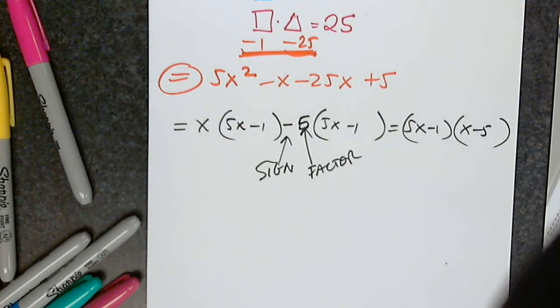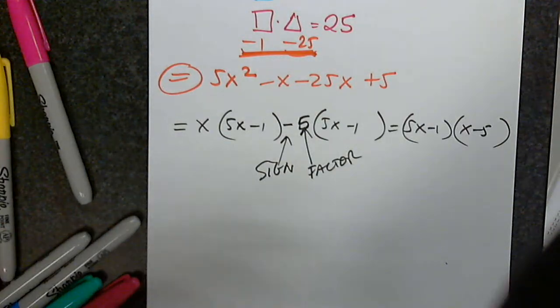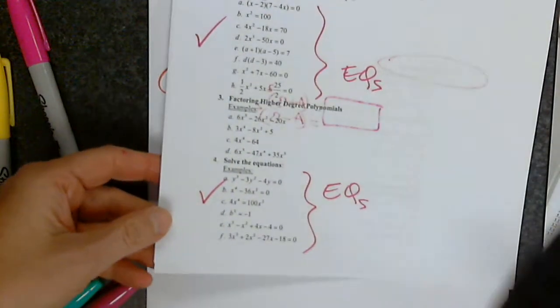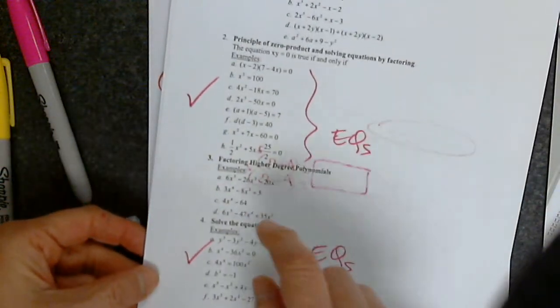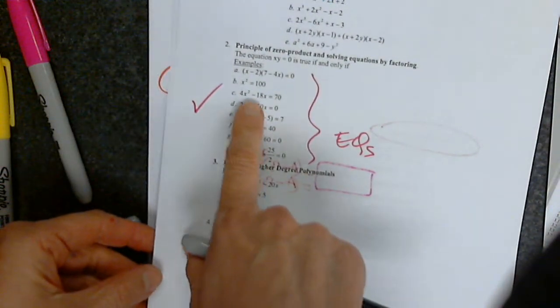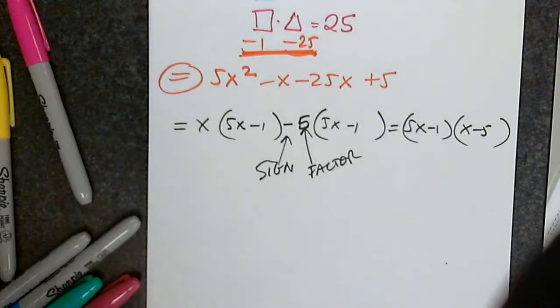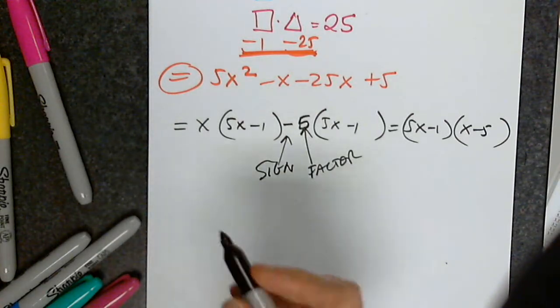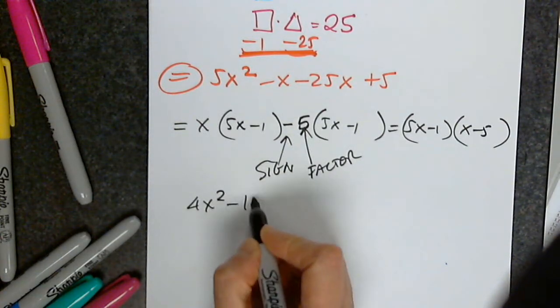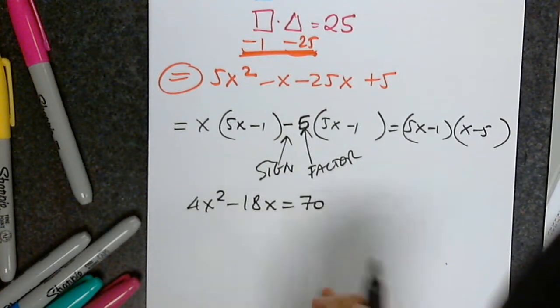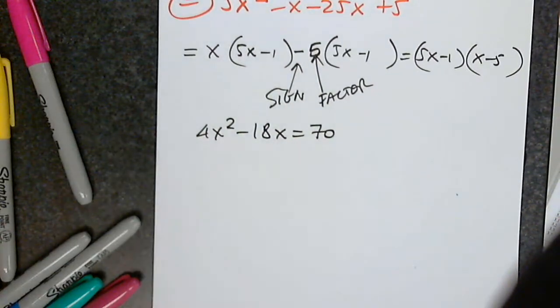Good. So now we can go to some equations, quadratic equations by factoring. So, for example, let's look at C. So 4x squared minus 18x equals 70. What type of equation is this? Very good.